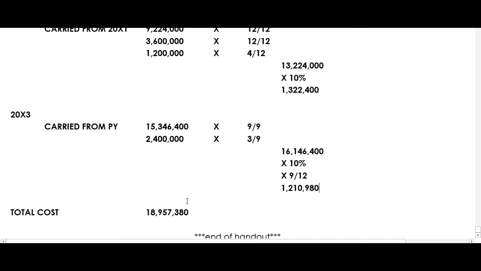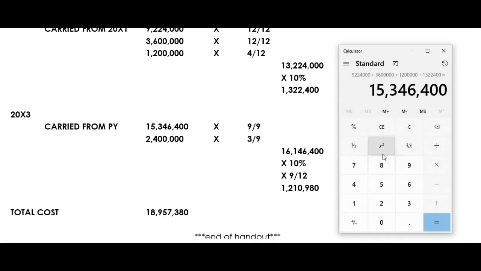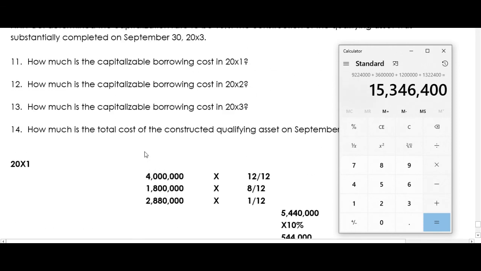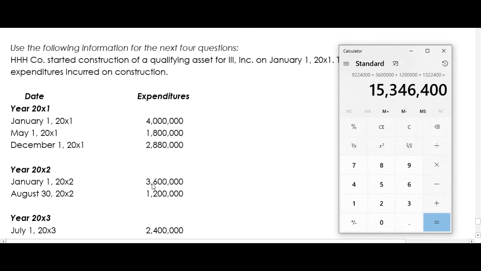Tapos yung last question, magkano yung total cost? Walang problema, i-total lang natin lahat ng nagastos natin. Okay? So ang total na cost natin will be ito. So paano mo na-compute yan? E di diretso, computein mo lahat ng nagastos mo simula nung nag-start kang mag-construct. Itong mga to, or basically ito. Lahat ito.